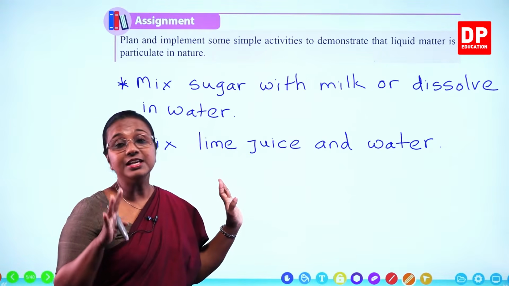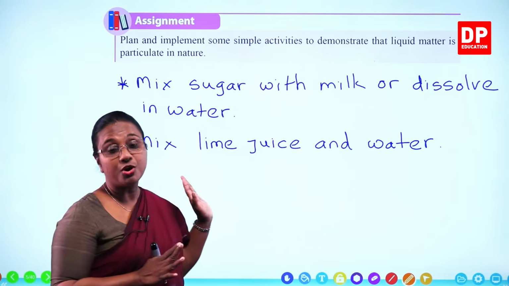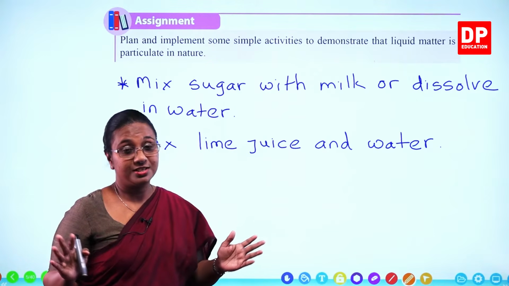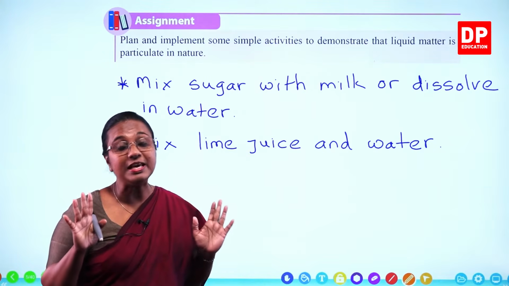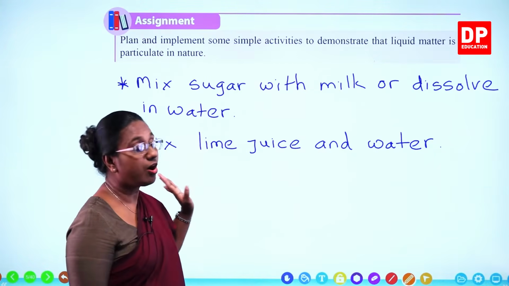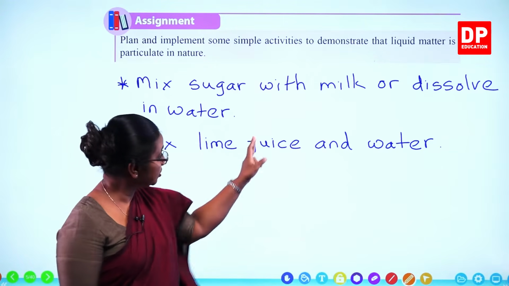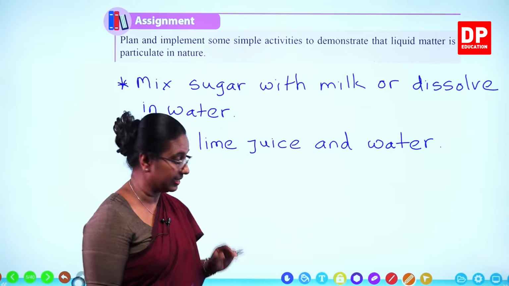Then you can drink and taste it. Otherwise, you should not taste anything. If you are doing an activity in the lab, you all know that, students: chemicals cannot be touched with your hands or tasted. But if it is in your household, you can taste these first two examples. The solutions can be tasted.